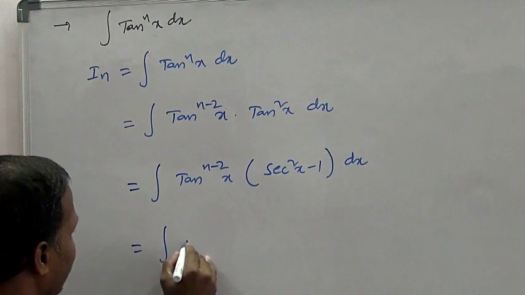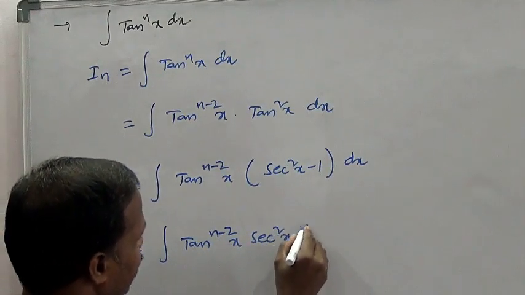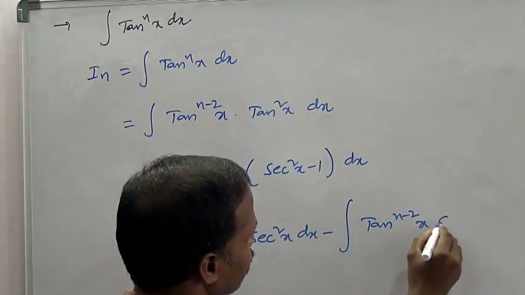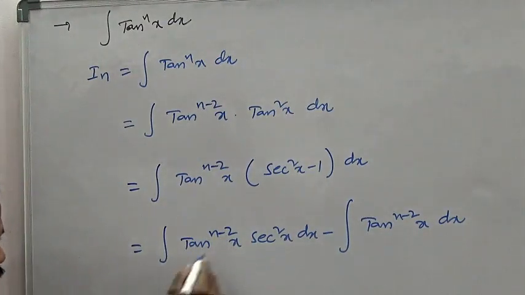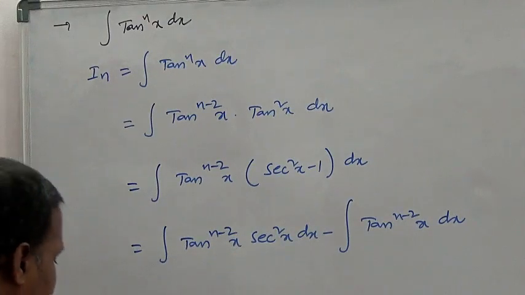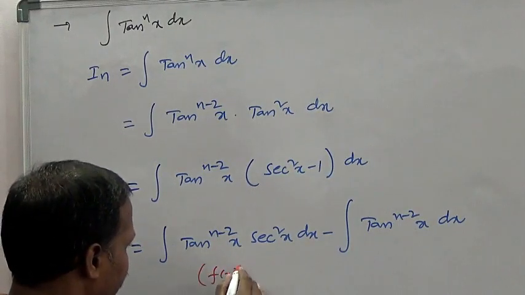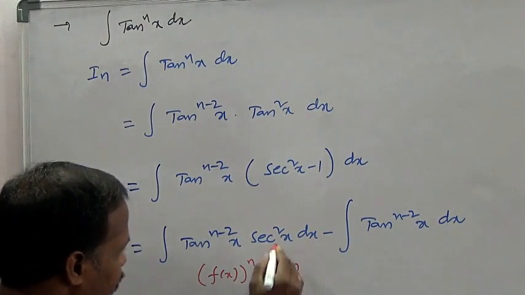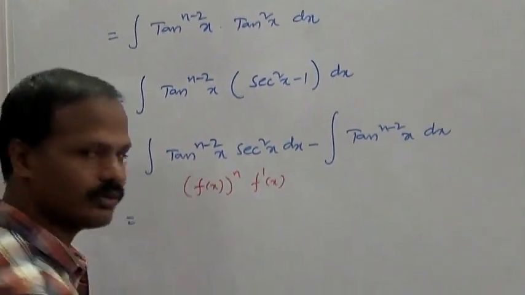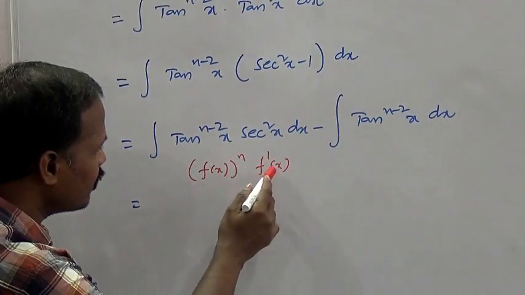So this is equal to integral tan power n minus 2 x into secant square x dx minus integral tan power n minus 2 x dx. Now the first integral is of the form integral f of x power n into f dash x. Here n means n minus 2.